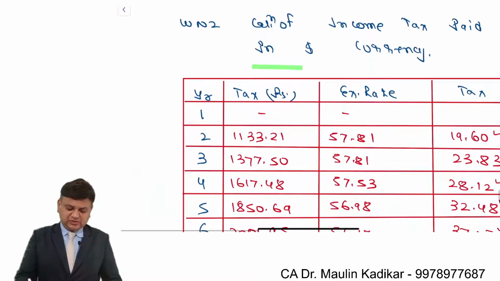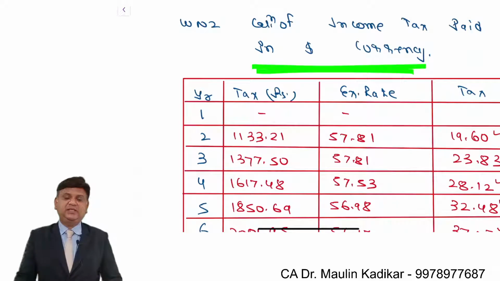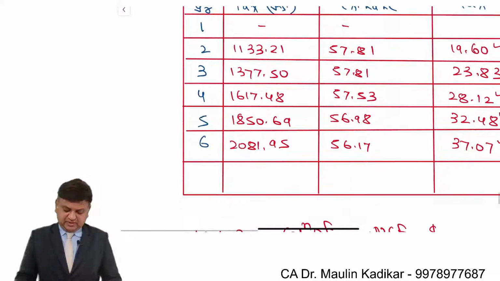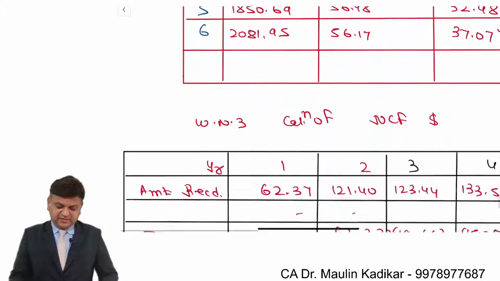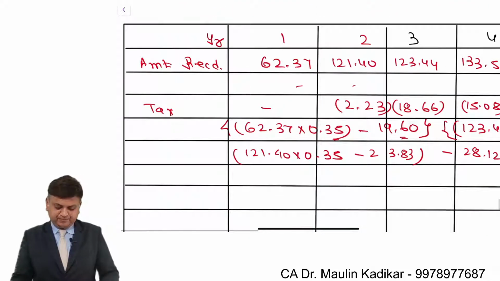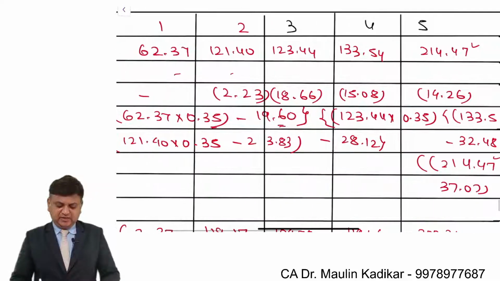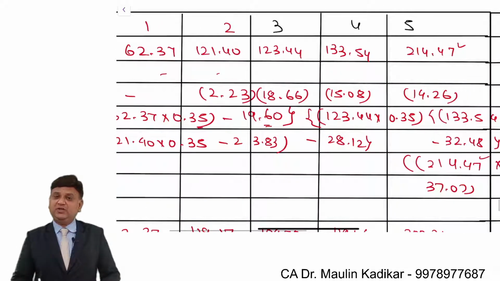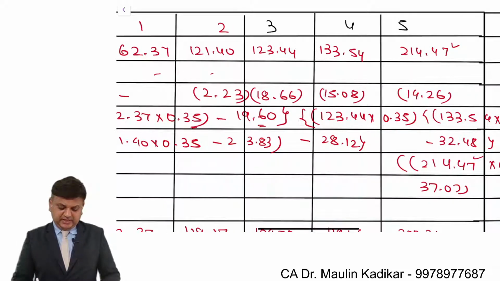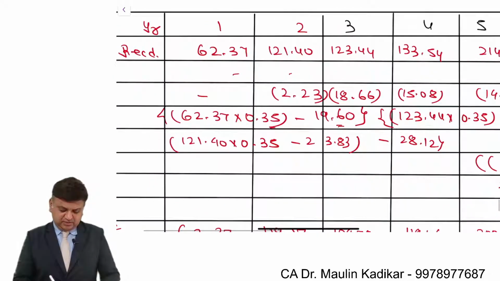Calculation of the income tax payment, wherein there is application of the Double Taxation Avoidance Agreement that we were discussing previously. Then the amount of the cash flow in dollar currency. In that, on whatever amount has been received by the US company, the income tax is calculated directly, and income tax paid in India is subtracted to compute the net income tax liability.